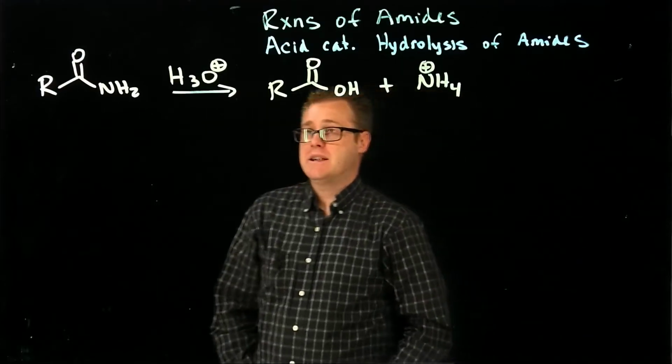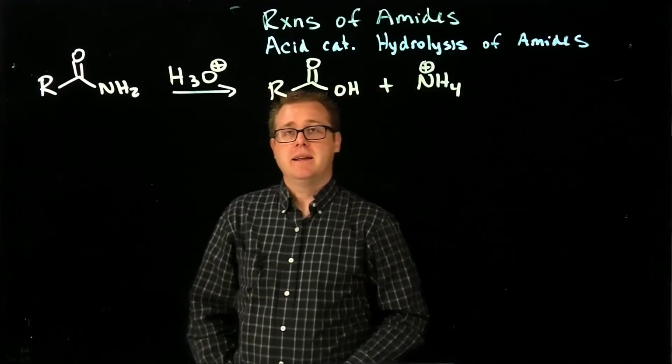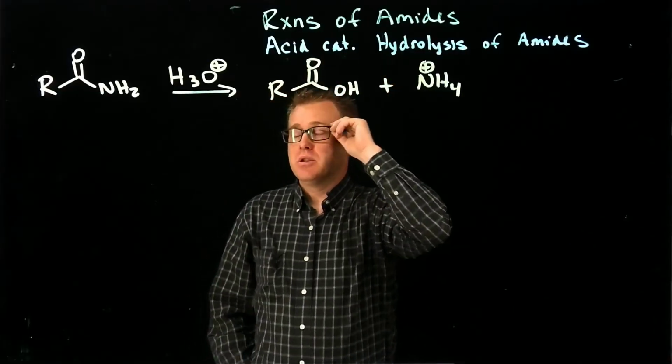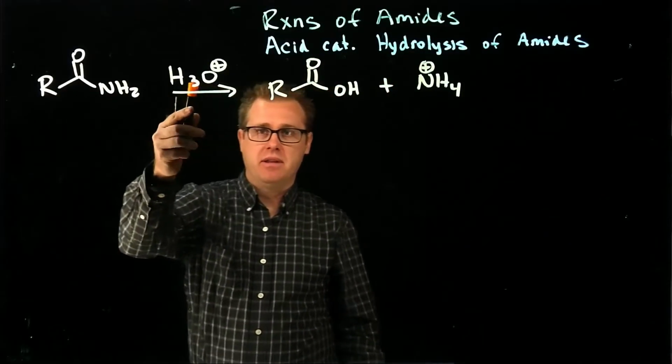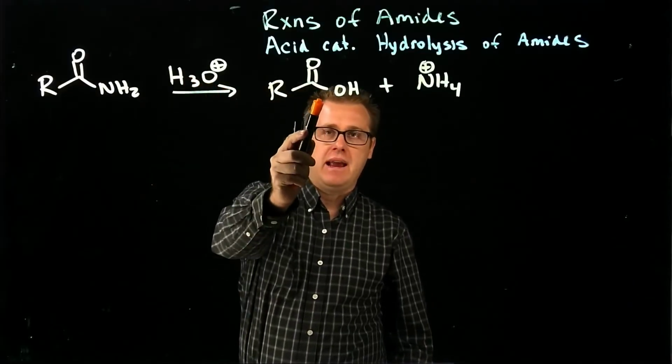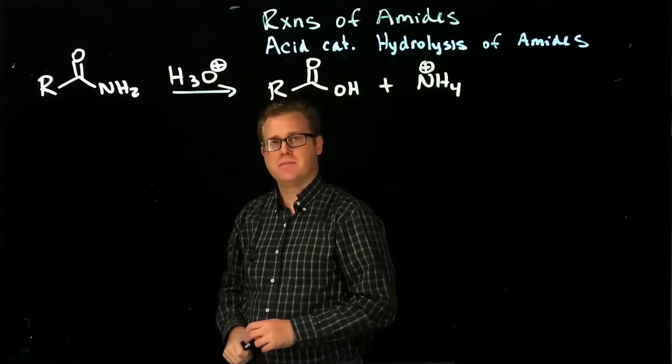So the first reaction that we want to look at is the acid-catalyzed hydrolysis of amides. So when you take an amide and treat it with an aqueous acid, you can generate a carboxylic acid.